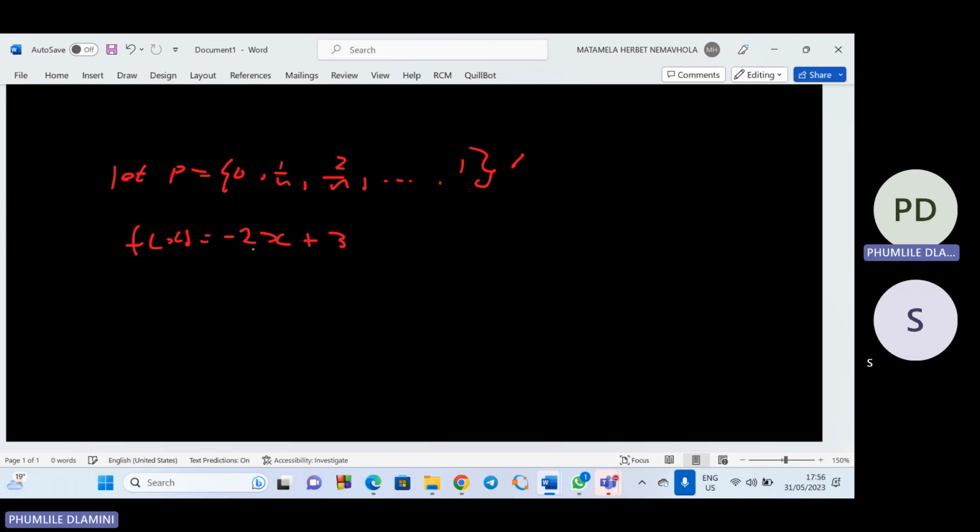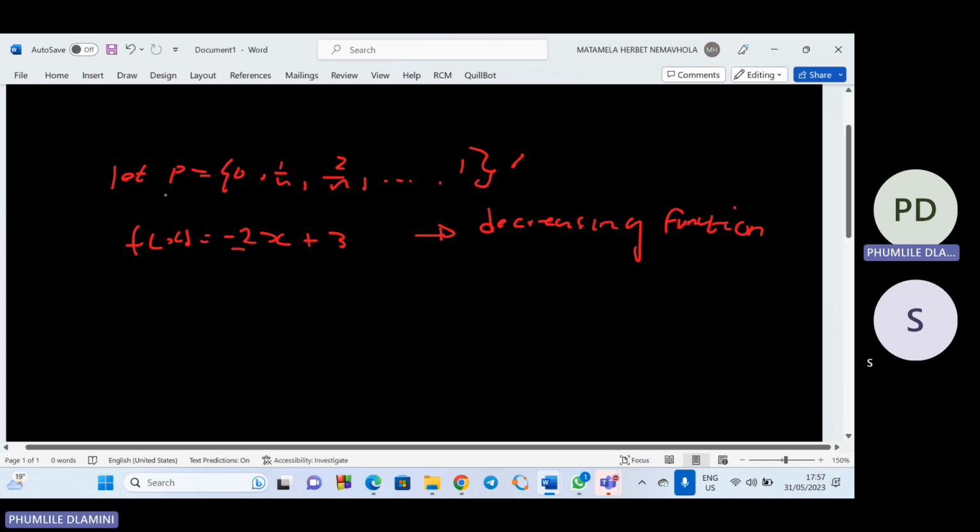You will see that this is a decreasing straight line, so we can just say it is a decreasing function.